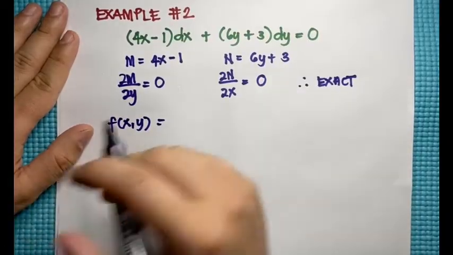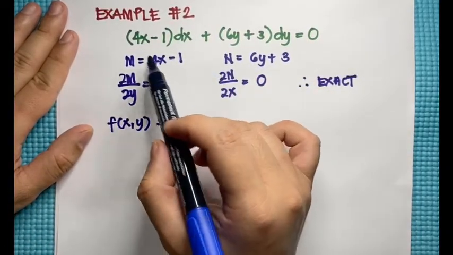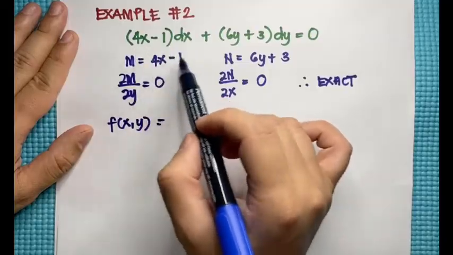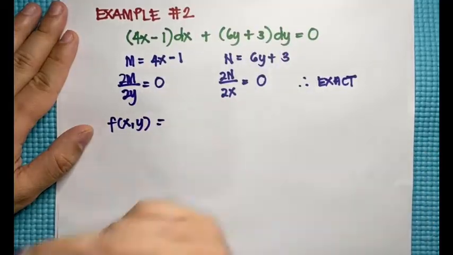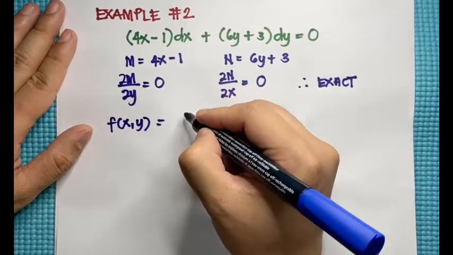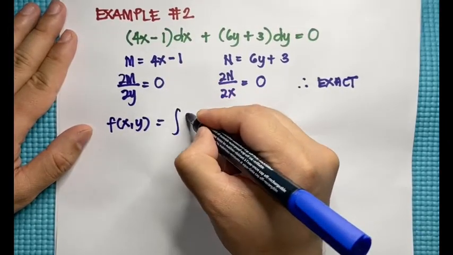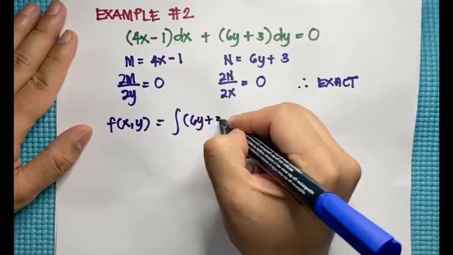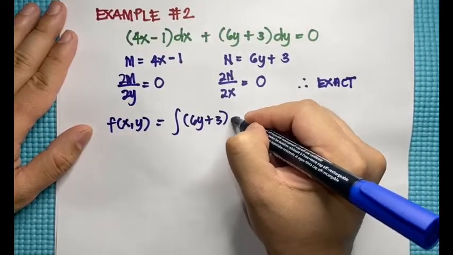But to differentiate it from our first example, instead of integrating m, this time I'm going to choose n to make it different. So in this case, I'm going to integrate 6y plus 3, multiplied with dy.